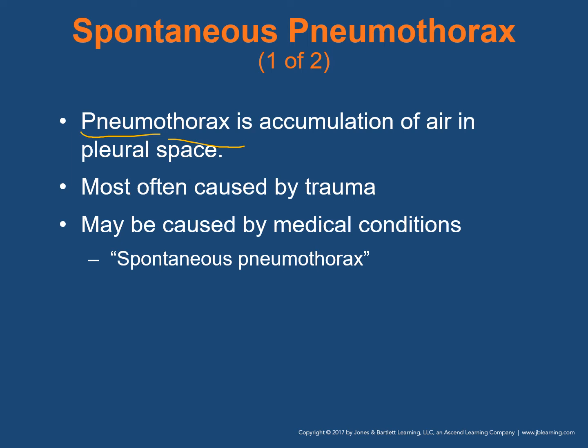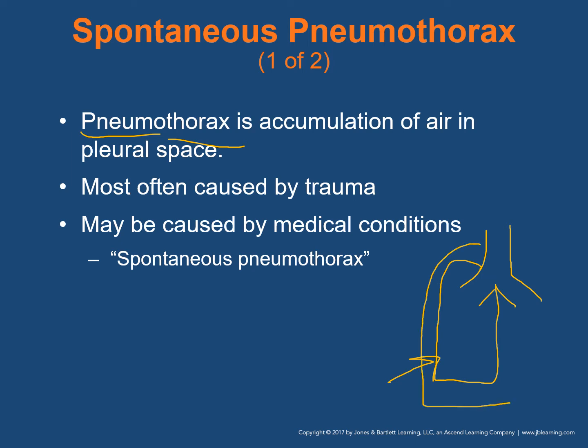If you recall in your anatomy portion, you have these lungs, and I'm sorry, I'm not a very good artist, and there is a pleural lining on the lung and a pleural lining on the chest wall itself. So the visceral pleura is lining the lung or the organ, and then the parietal pleura lines the chest wall.